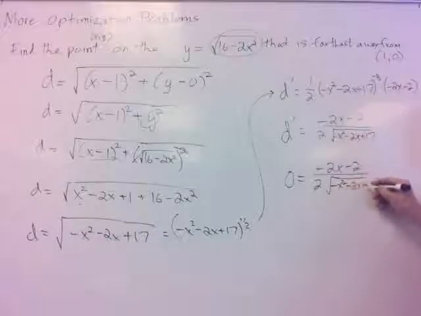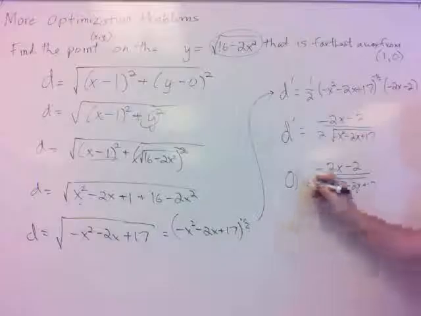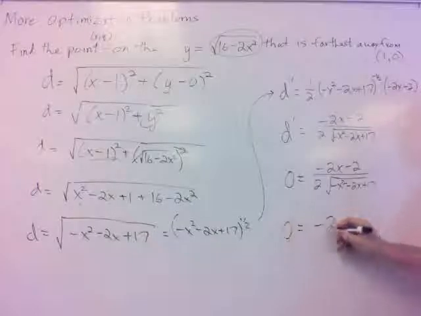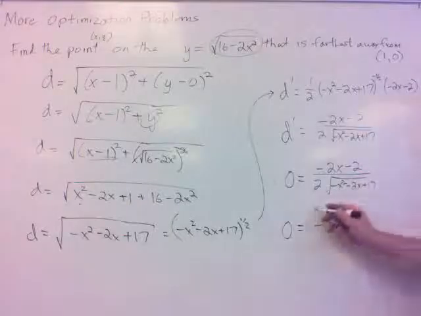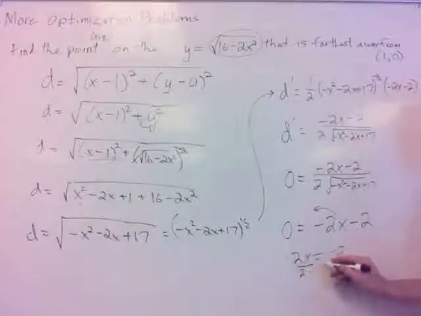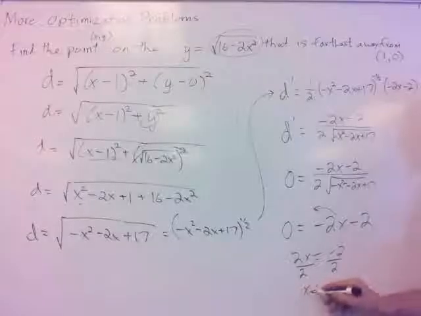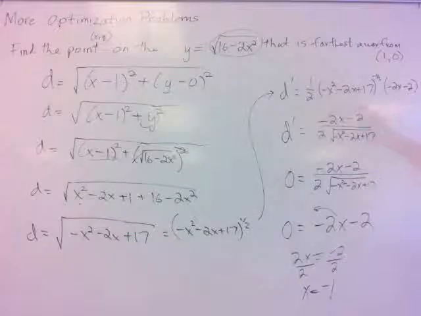And like we said, multiply both sides by that, cross multiply. It just winds up being this. The top equals 0. So we have 2x equals negative 2, divided by 2. The x is negative 1. So the only thing to finish it out is I need the point, the x comma y.